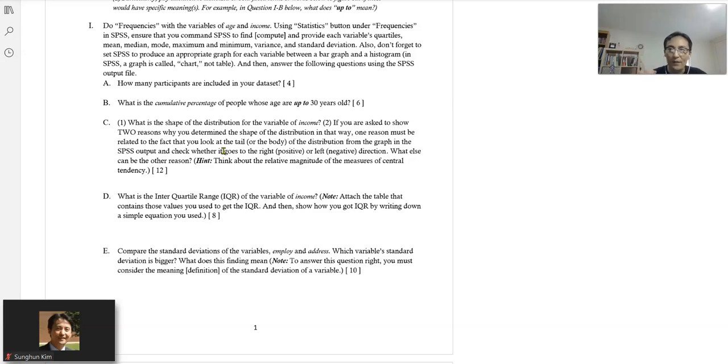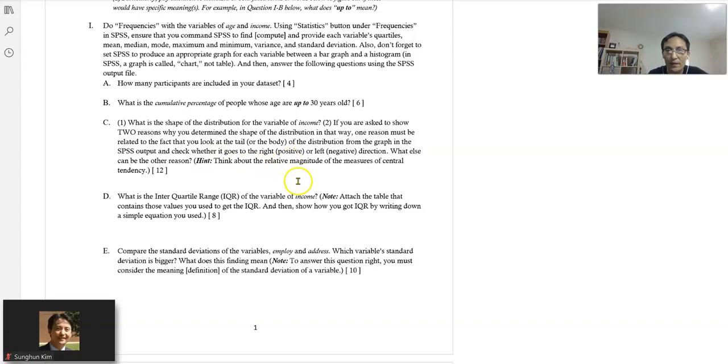On top of that first reason, what is the second reason here? If you're asked to show two reasons why you determined this is the shape, where are the other reasons, other than just looking at the graph? I gave you the hint.